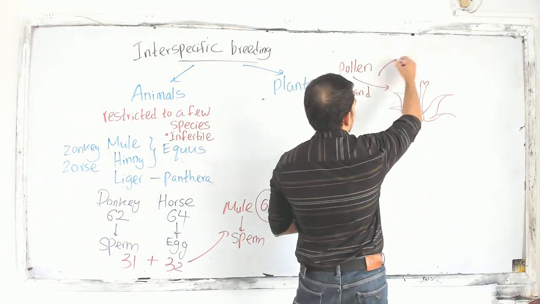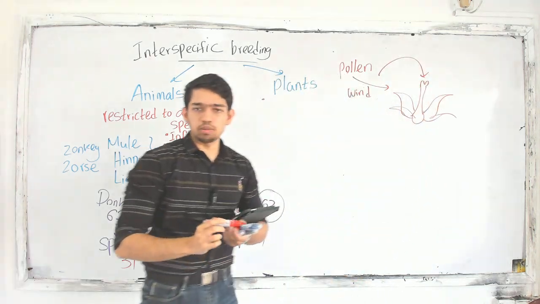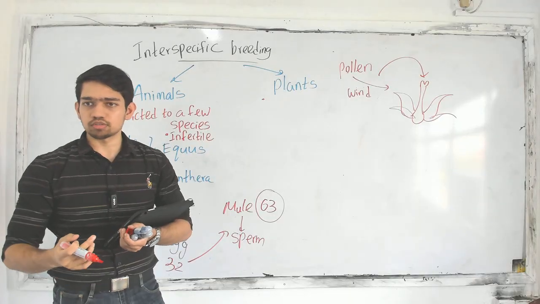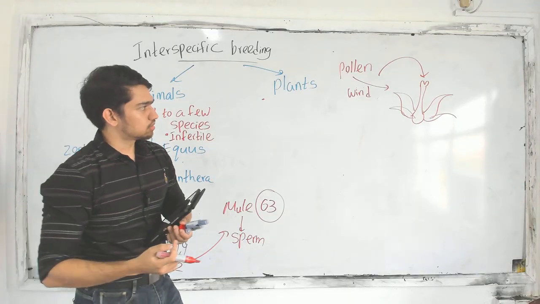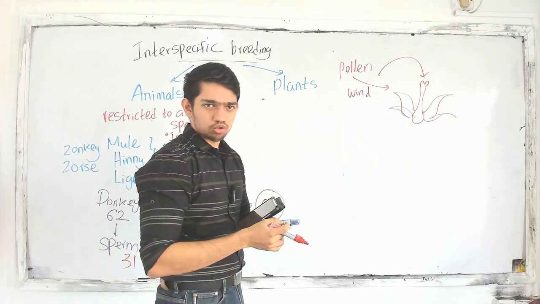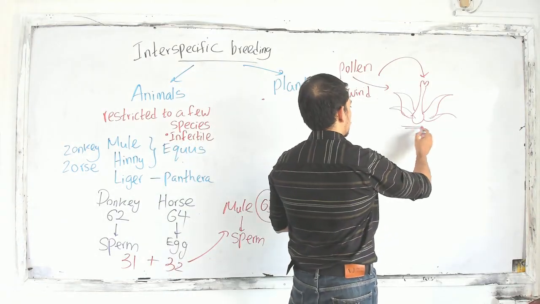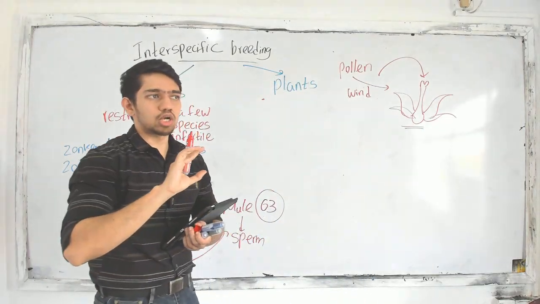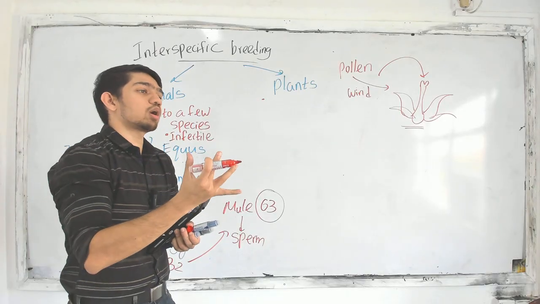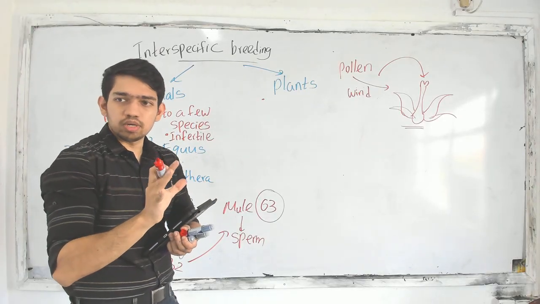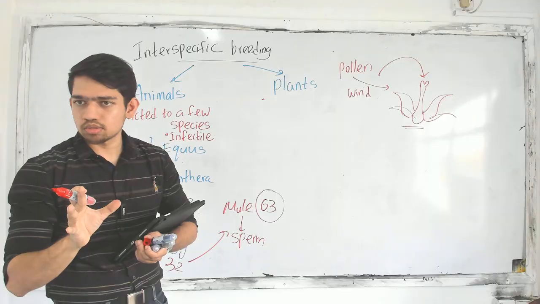Because it's wind pollinated, you can't control it. So sometimes this can be successful. Usually plants tolerate it, and sometimes it's a good thing. Interspecific breeding can be a good thing for plants sometimes, right?